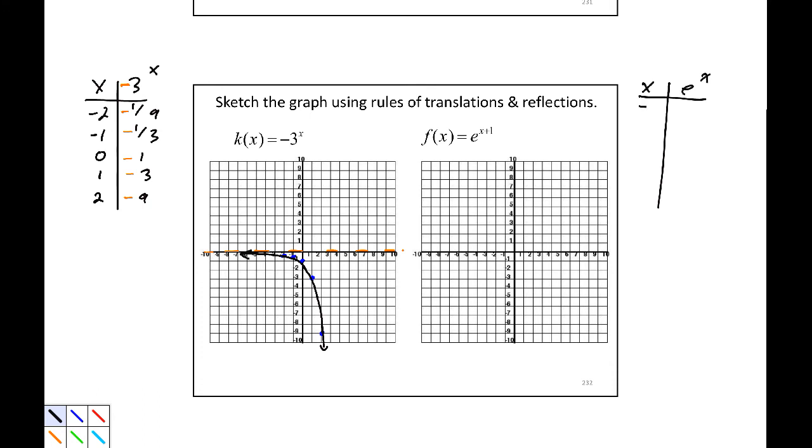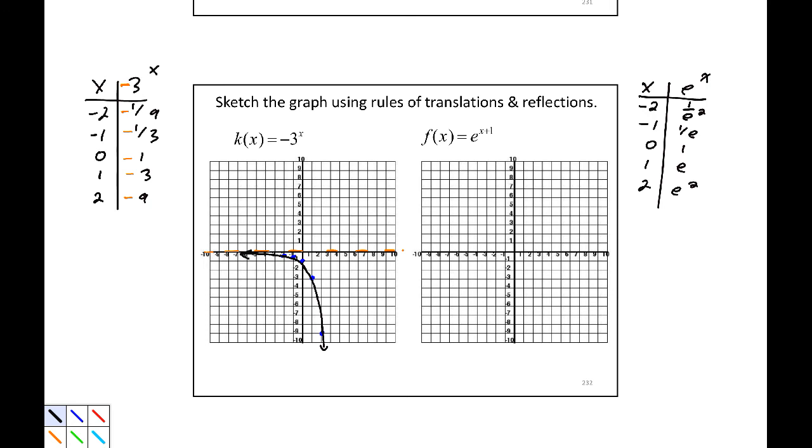We take -2, -1, 0, 1, and 2 as our x values, which gives 1 over e squared, 1 over e, 1, e, and e squared. e squared is about 7.4, and e is about 2.71828.